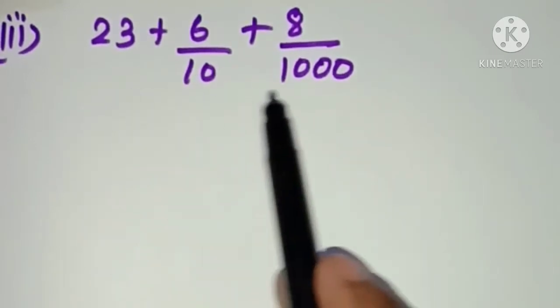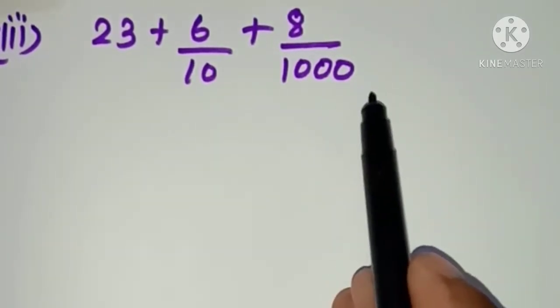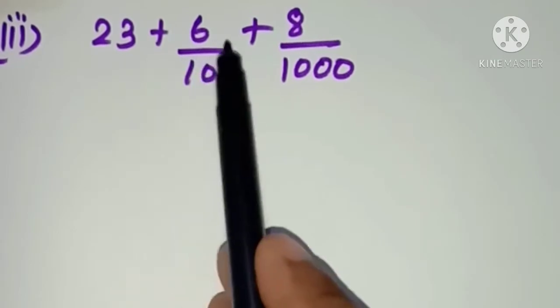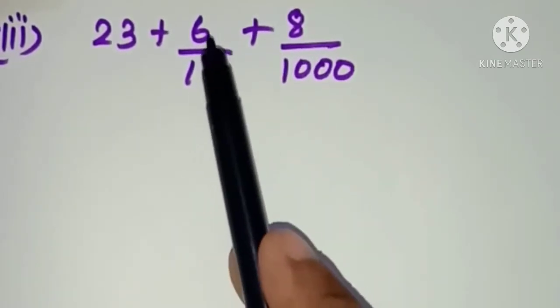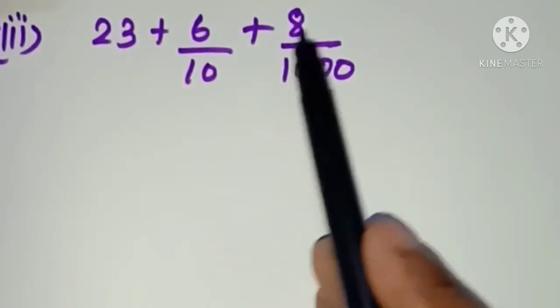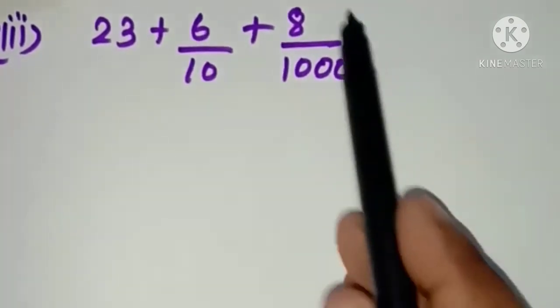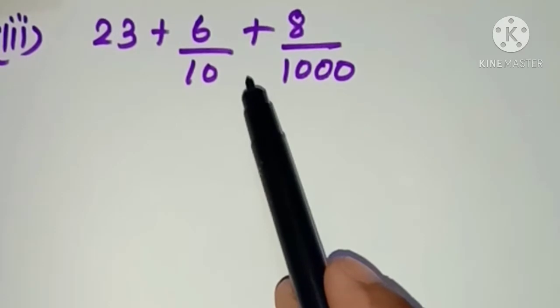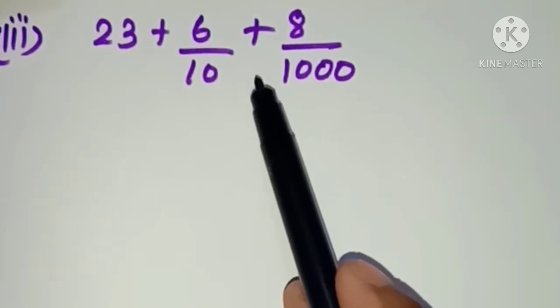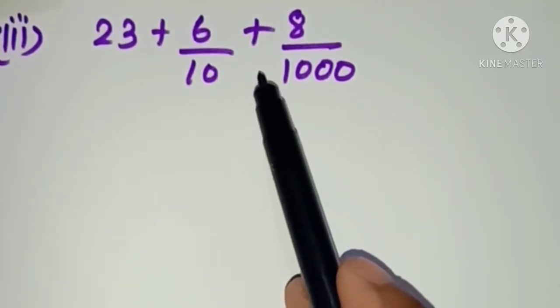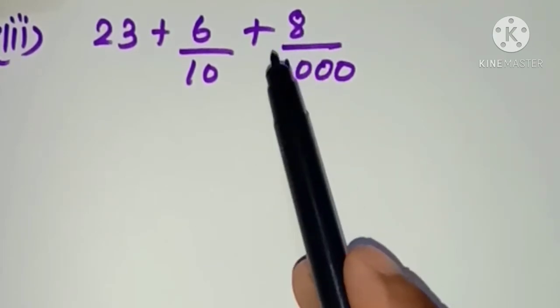Students, 23 plus 6 by 10 plus 8 by 1000. In this fraction, 23 is in the whole part, and 6 by 10 means 6 is a digit in the 10th place, and 8 is a digit in the 1000th place. So here the 100th place is missing. So we can add 0 into 1 by 100 in place of the 100th term.